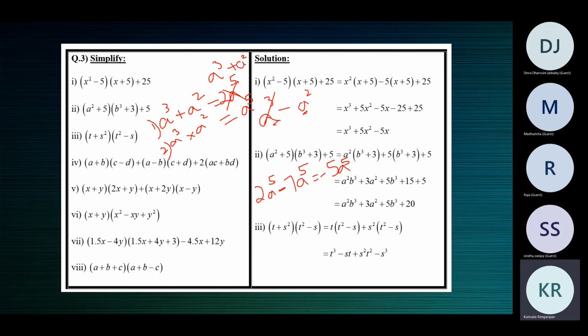If it has to be a like term, then you should get a to the power 5 only, no? So 2 minus 7 is minus 5. Very simple. You should follow the rules when you're adding or subtracting, not just do what your mind says at that point of time. The first rule is, are they like terms? Only if they're like terms, you go ahead adding or subtracting them.